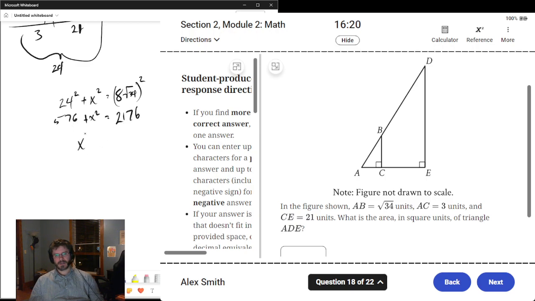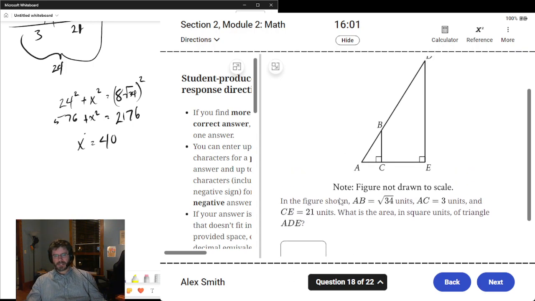Subtract that over and square root it. It's 1600, and the square root of 1600, I believe, is 40.